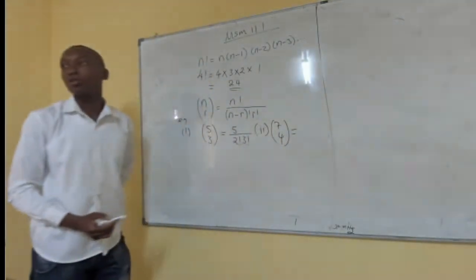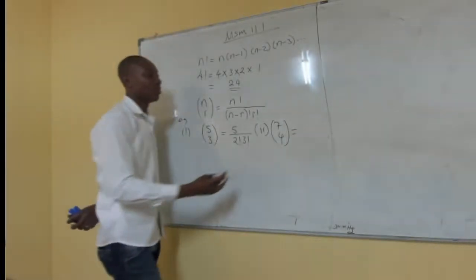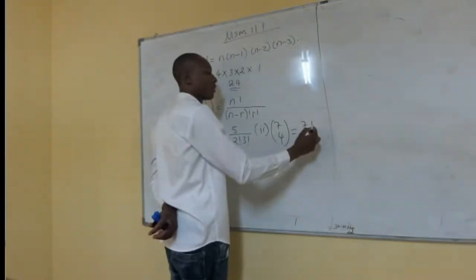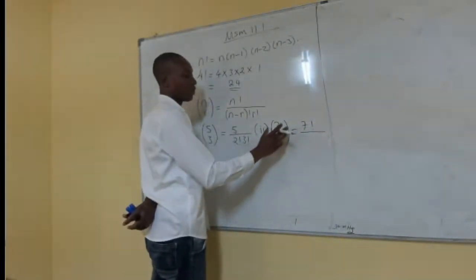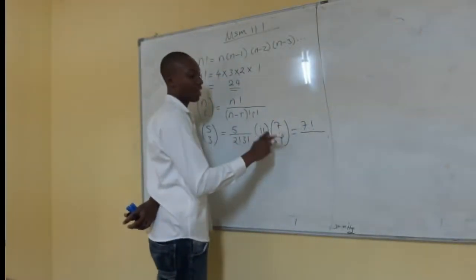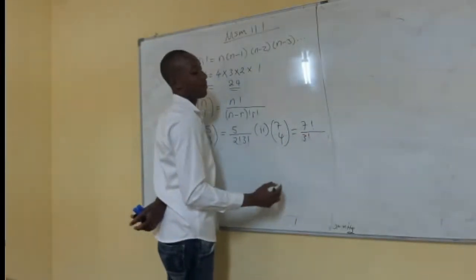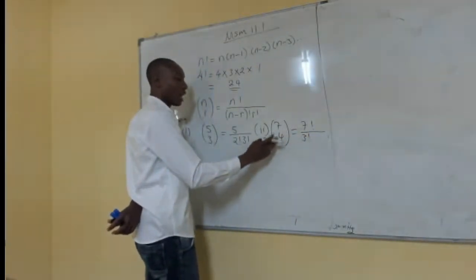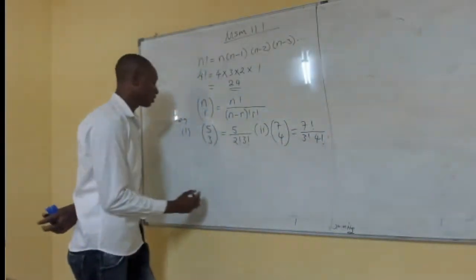N is 7. Then what's 7 minus 4? That is n minus r. Since n is 7 and r is 4, it's 7 minus 4, which is 3 factorial. Then what is r? R in this case is 4, so that's 4 factorial. Okay?